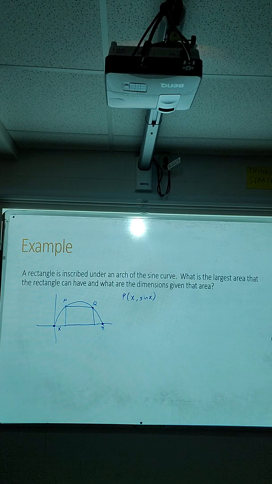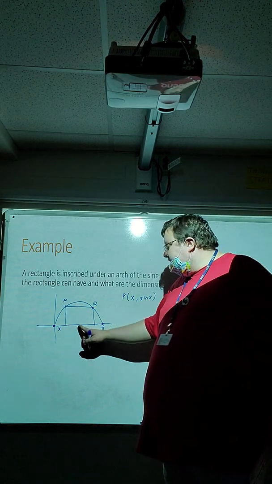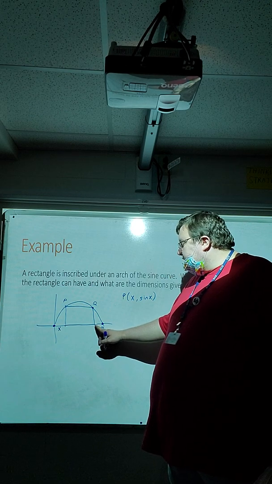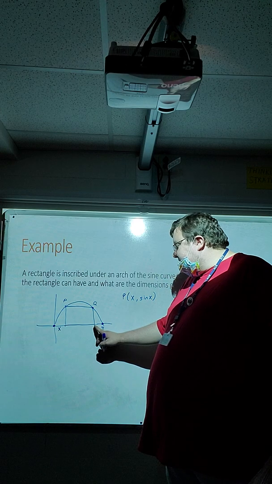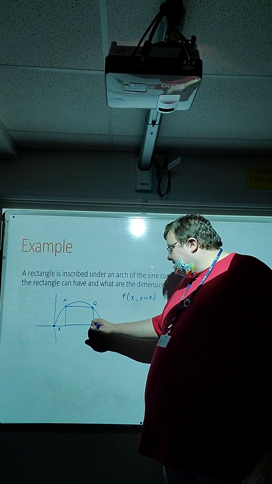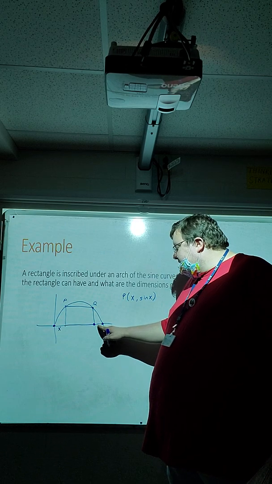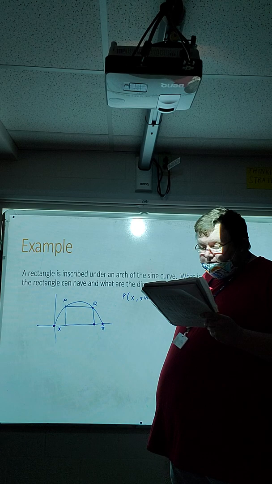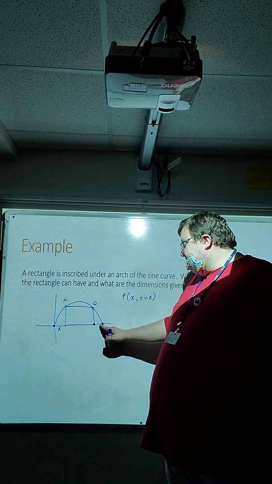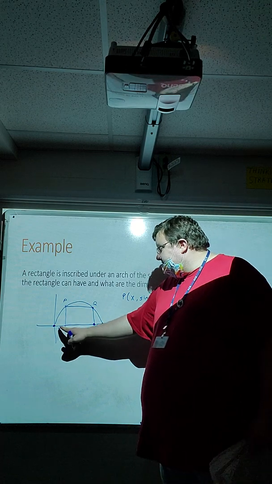Now, because of the way that I'm drawing this, we're obviously going to want the distance from 0 to this point to be the same as the distance from this point right here to pi. So whatever this distance is going to be, this distance is going to be the same as that distance.